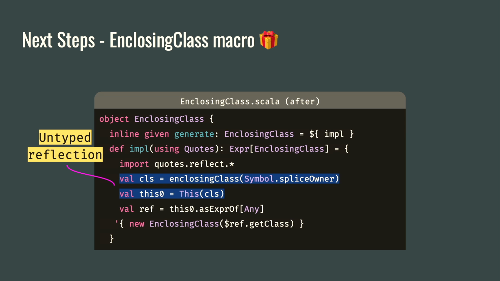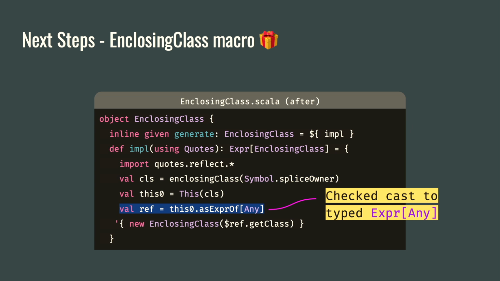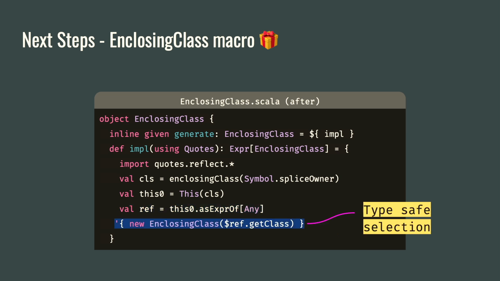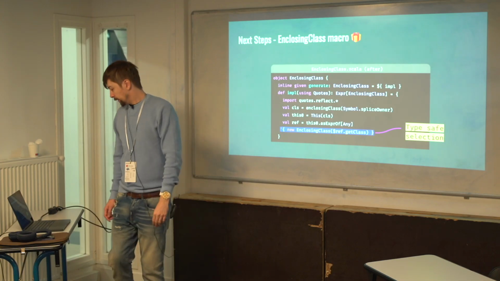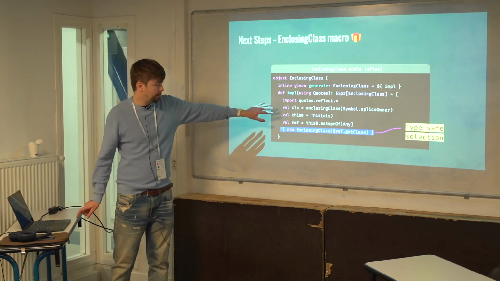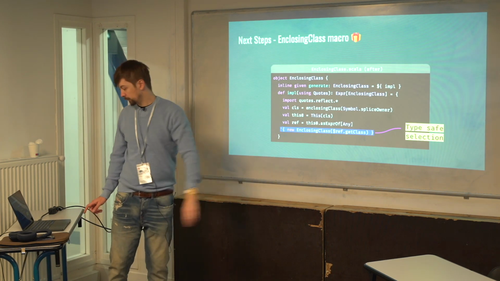Then I constructed this, and I have to convert the this to an expression of any. I went from the unsafe duck type, just look up the symbol and cast it, to an actual type safe expression of any. And now I can call the get class on that type safe expression. So this is the ugly part, and then we go back to the beautiful splices.